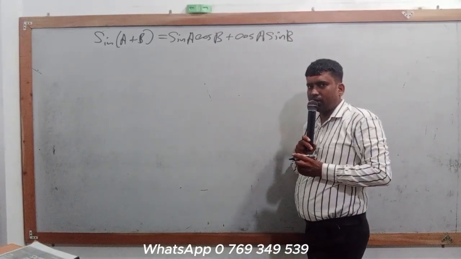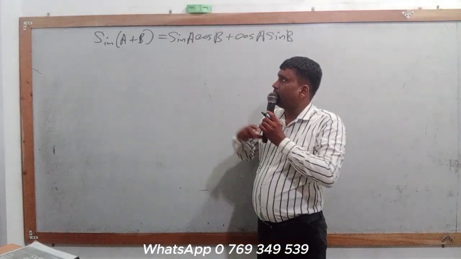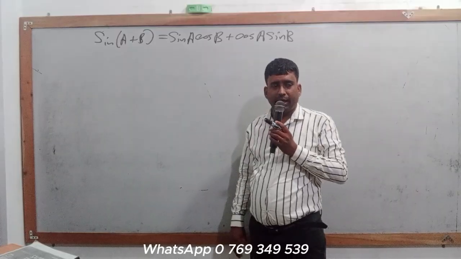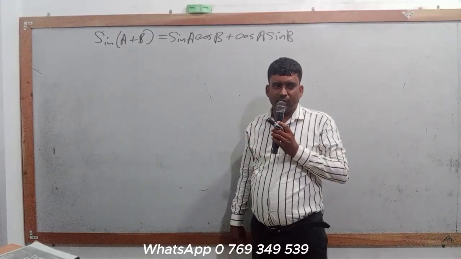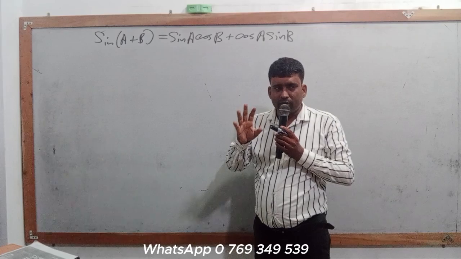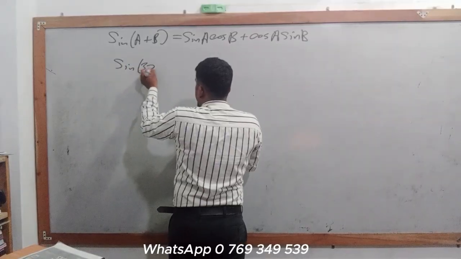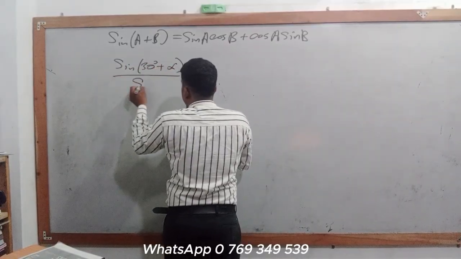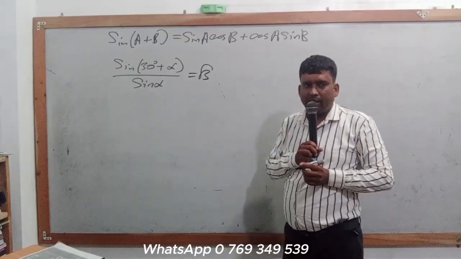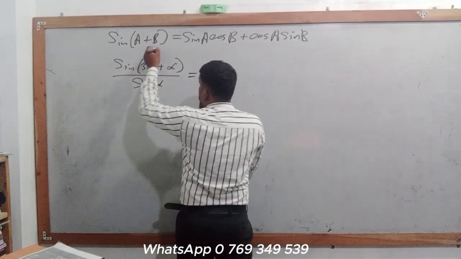These are the standard equations, and you have to memorize them. The question is now deduce that if sine of 30 plus alpha divided by sine alpha equals root 3, which is given, we have to show that alpha equals 30.